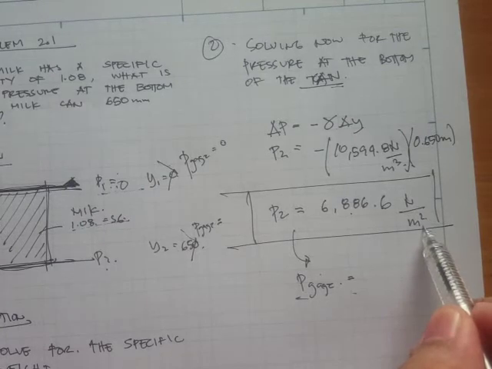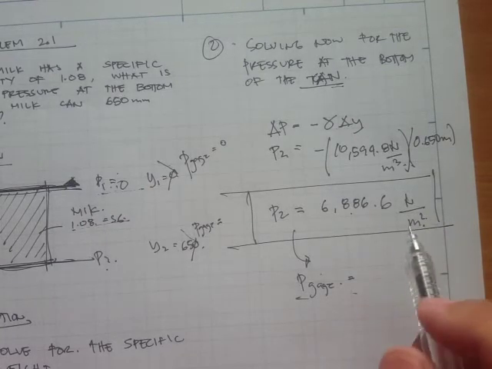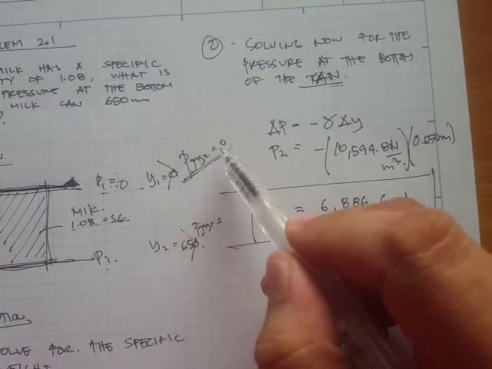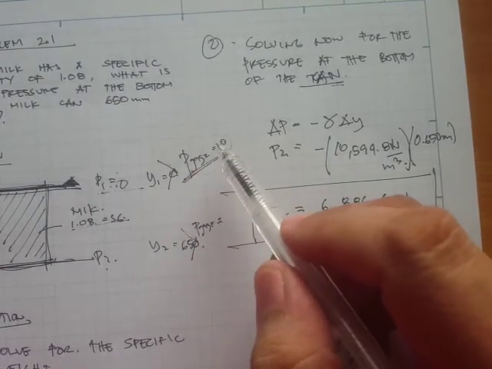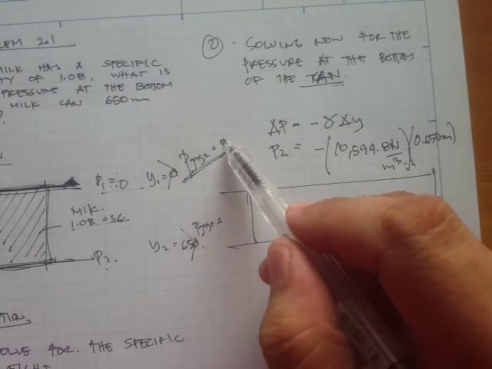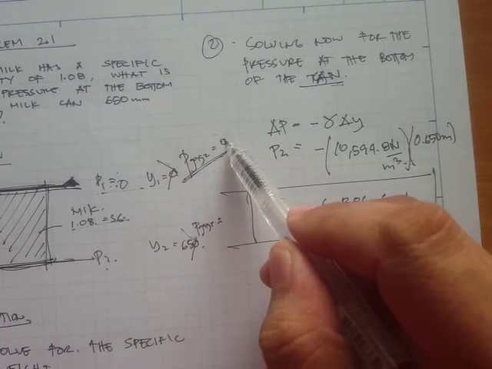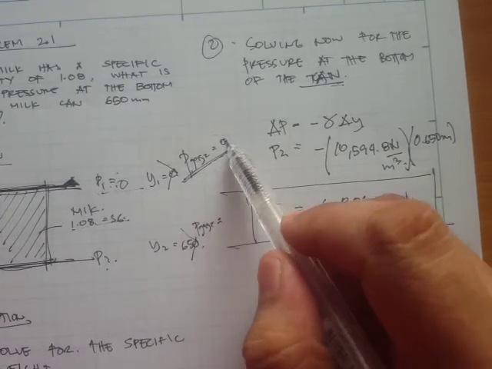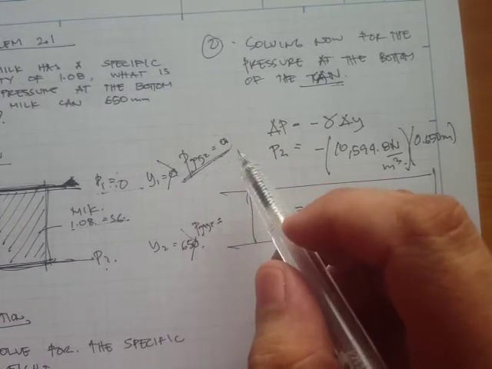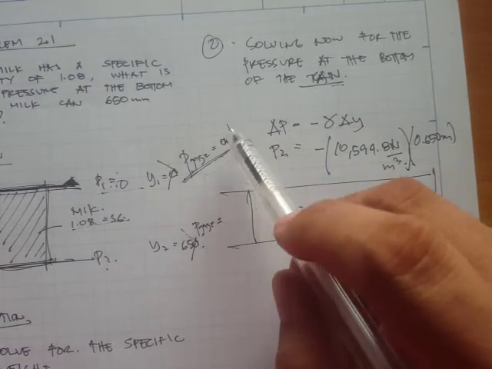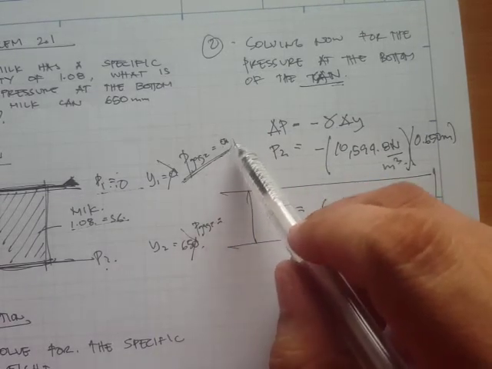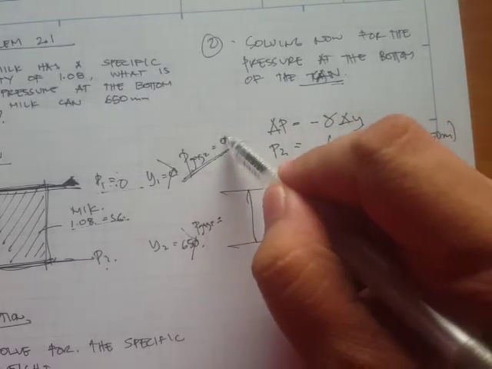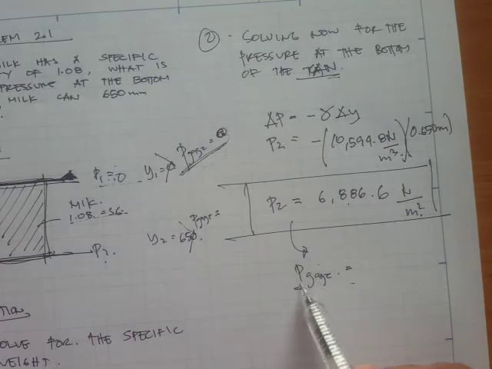I'm not sure if this is atmospheric or not, but we'll just assume for now that this is a gauge pressure. That's just where the pressure is 0, since it is our reference line, but it's not referring to the absolute 0. Okay, so that's it.